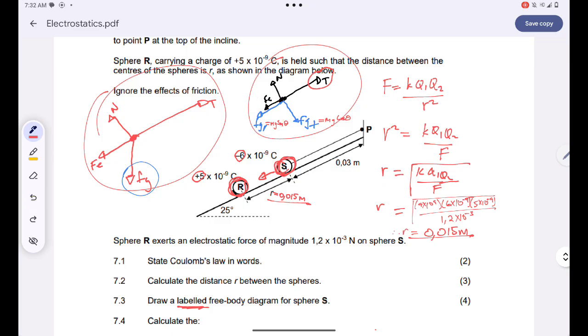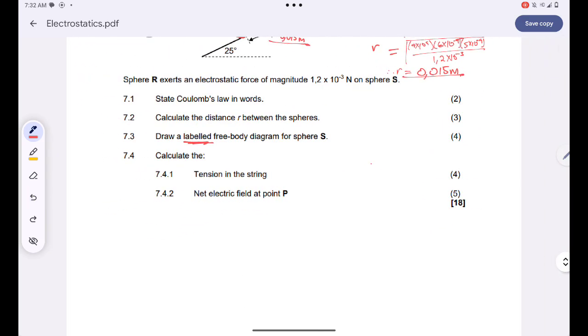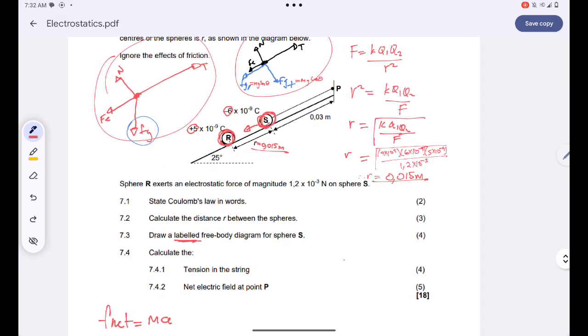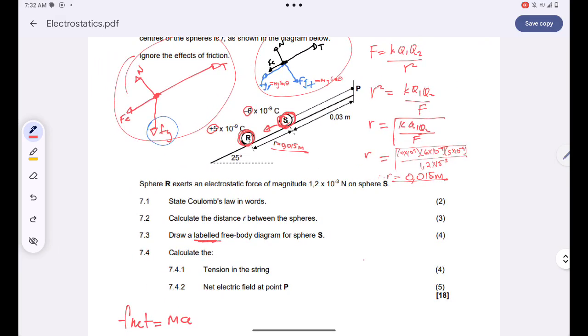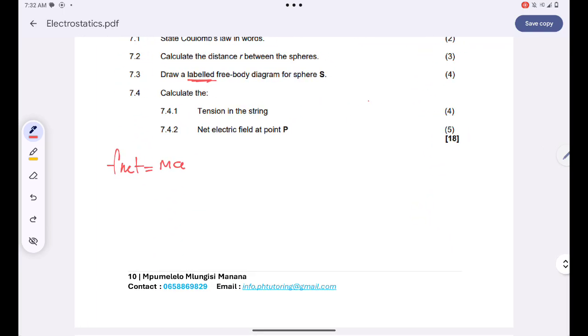How did I come to that conclusion? Whenever I'm focusing on sphere S, I'll simply say F net is equal to ma. But how many forces do I have? I need to choose a positive direction. If I take up the incline as positive, that simply means my tension will be positive, and then the electrostatic force will be negative as well as Fg parallel.